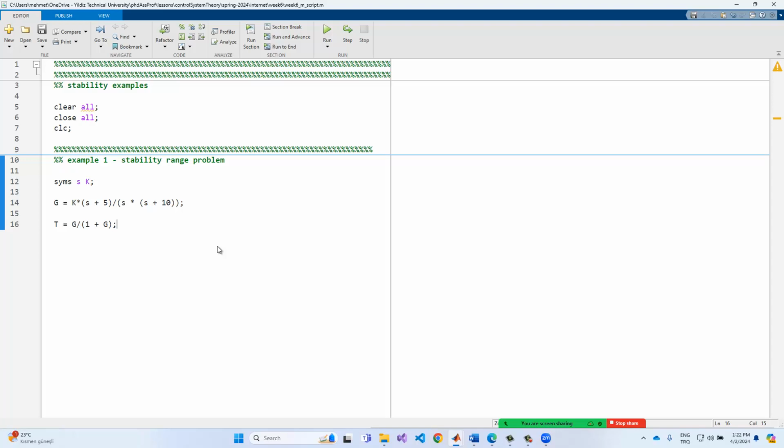Just remember that in order to guarantee the stability of the time or the frequency response of this system, we will select the poles at the left hand side of the s domain. Okay?